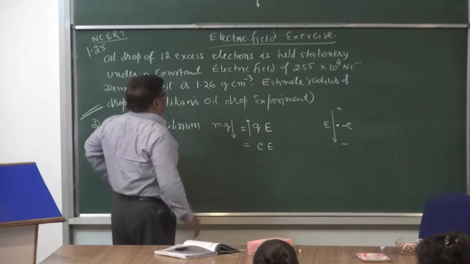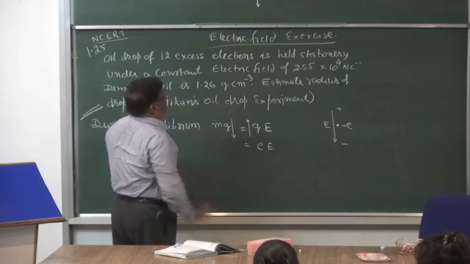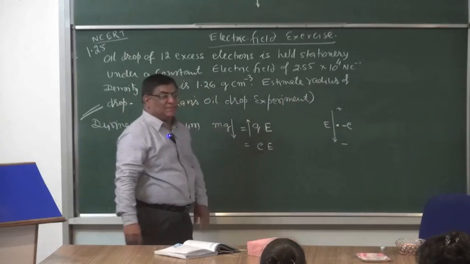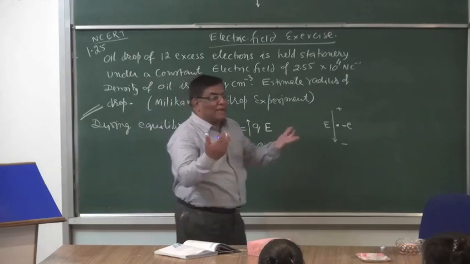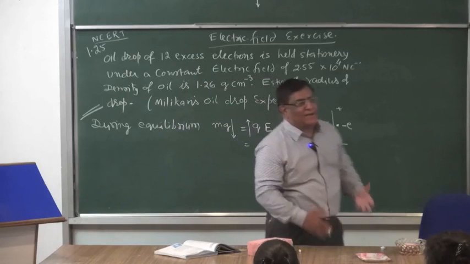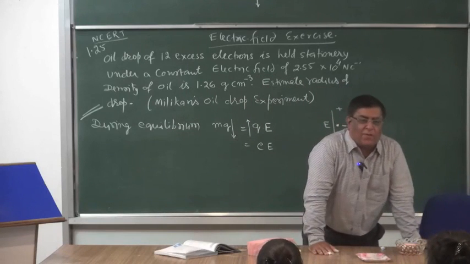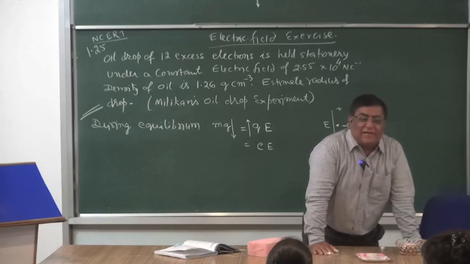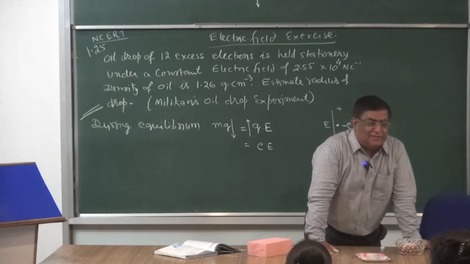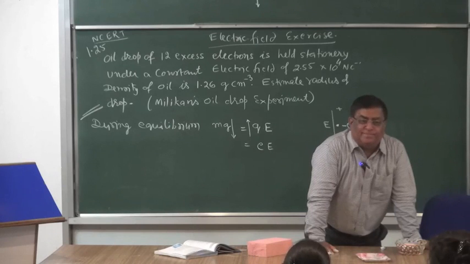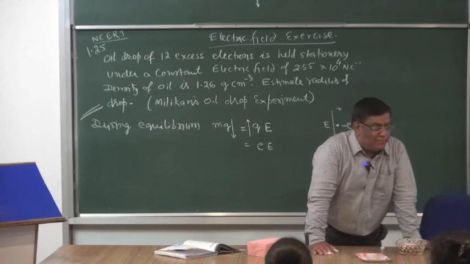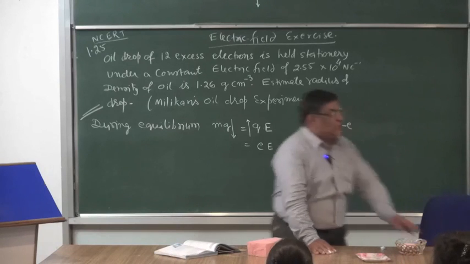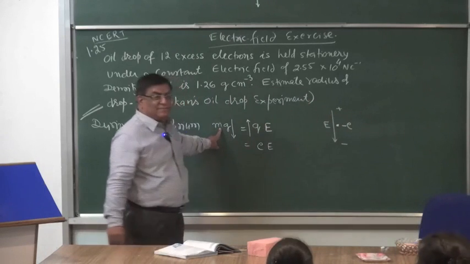Okay, now we will try to find out where the radius appears. Remember, radius makes volume, 4/3 pi r cube. Volume multiplied by density gives mass, and here is the mass.